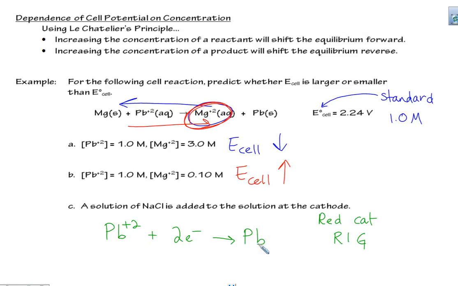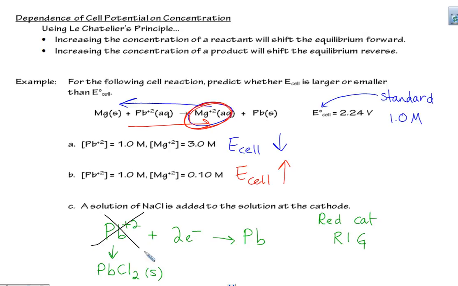So lead chloride is a very common precipitate. So if I were to add that chlorine ion, we're going to form a precipitate of lead chloride. Remember we said when you precipitate an ion, you remove it from the solution. So this lead concentration will decrease.